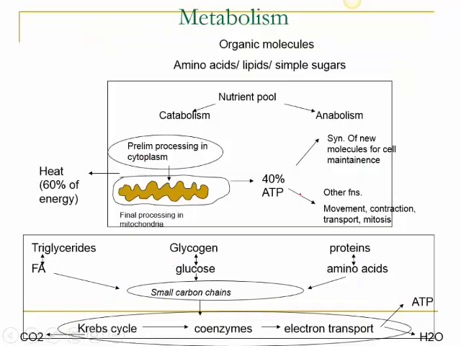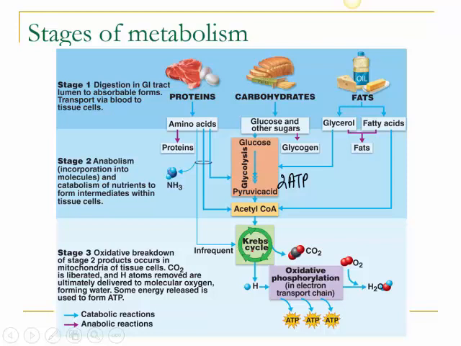It goes through one cycle which is called Krebs cycle, and this Krebs cycle liberates hydrogen ions which have energy in their bonds. These end up going into something known as the electron transport chain, and a lot of ATP is formed at this point. So you can see that up here you have less ATP formed, but it's very, very quick.